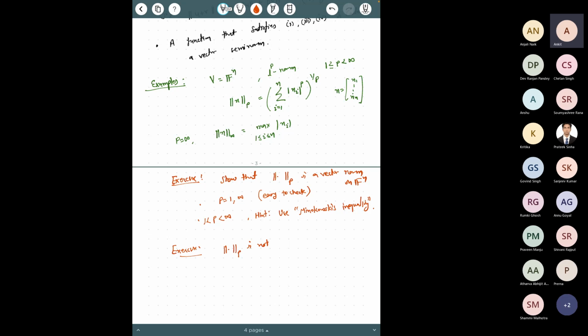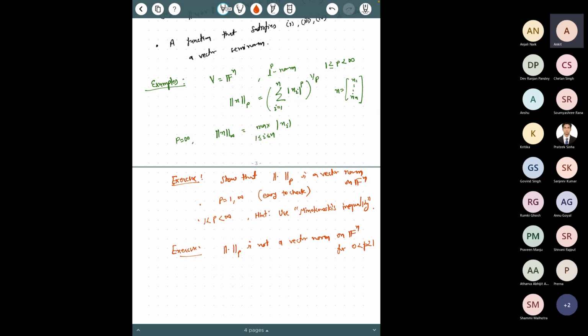Similarly, I can define this function when p is greater than 0 but strictly less than 1. Still, this function is well defined, but it is not a norm. That you can verify. So this is not a vector norm on F^n for p greater than 0 and less than 1.